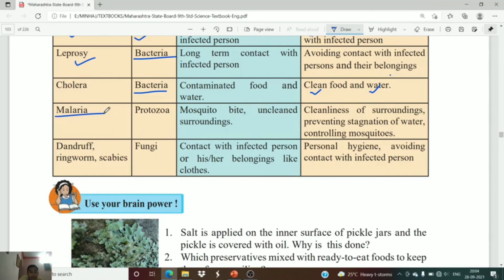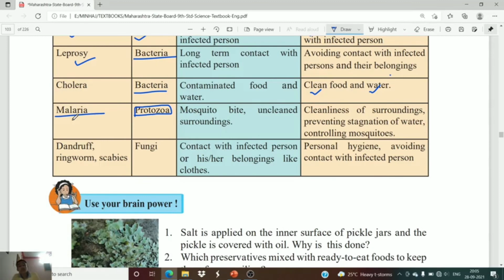Then malaria, we all know that it is spread by the mosquito bite. A protozoan is responsible for this. If the malarial mosquito, that is the female Anopheles mosquito, bites you, then you may suffer from the disease called malaria. Now, these mosquito bites are the result of certain actions which we perform.